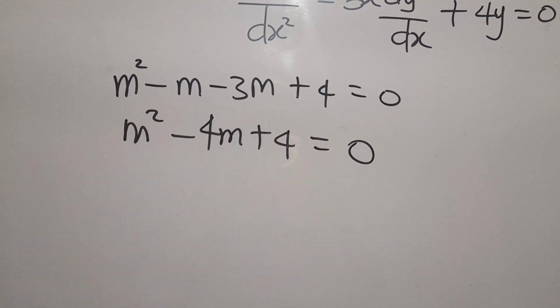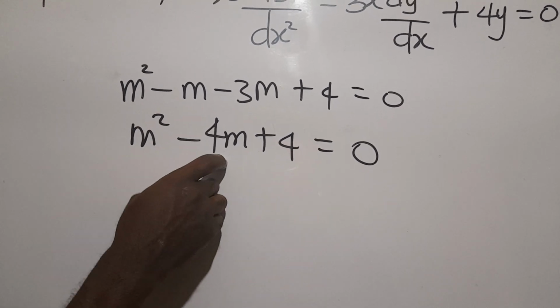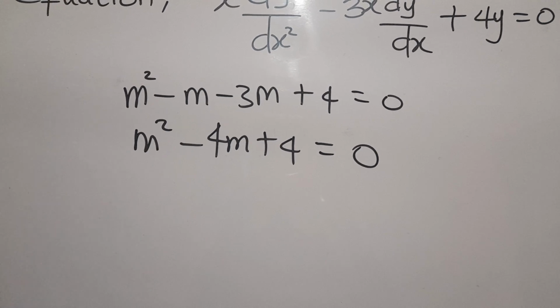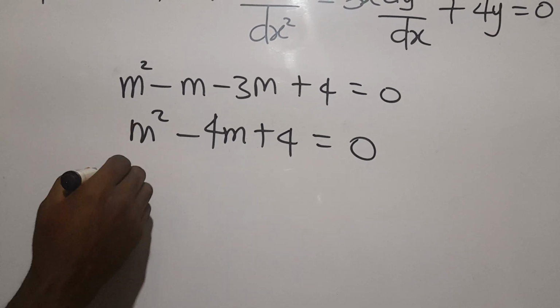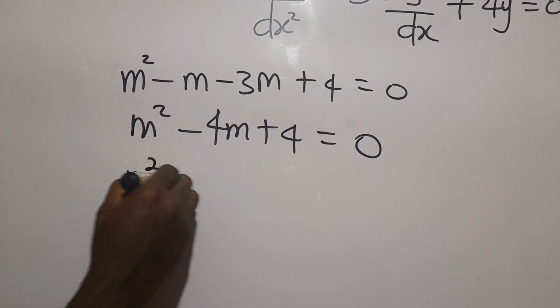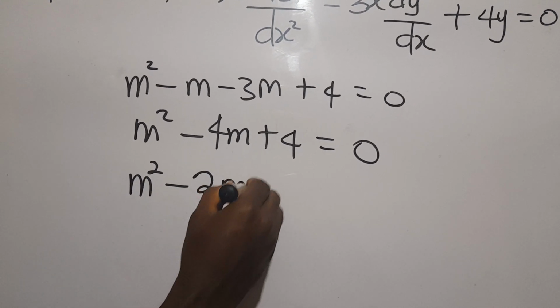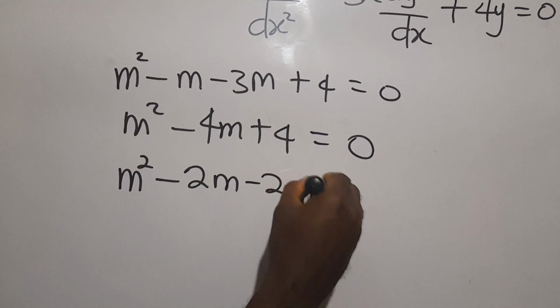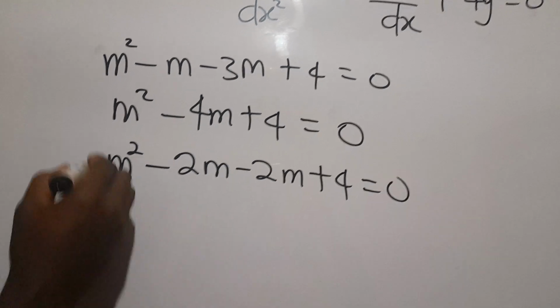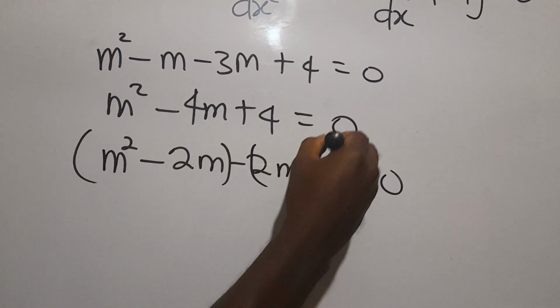Now the factors of 4 which add to give negative 4 and multiply to give 4 are negative 2 and negative 2. So we have m² minus 2m minus 2m plus 4 equal to 0. We bracket the first two and the last two.